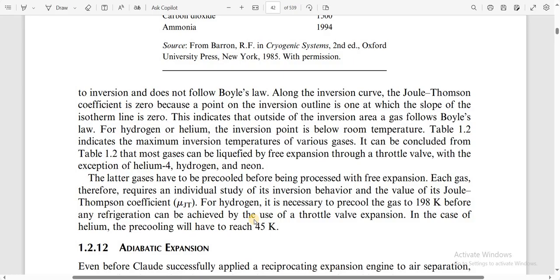Each gas therefore requires an individual study of its inversion behavior and the value of the Joule-Thomson coefficient. For hydrogen, it is necessary to pre-cool the gas to 198 Kelvin before any refrigeration can be achieved by the use of throttle valve expansion. In the case of helium, the pre-cooling will have to reach 45 Kelvin. So some pre-cooling should be done.